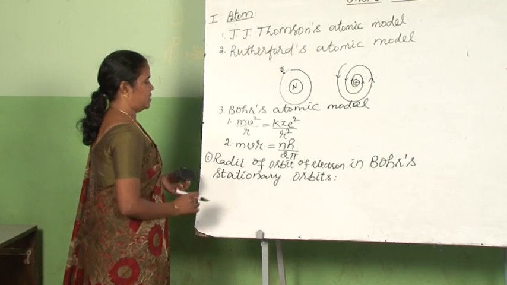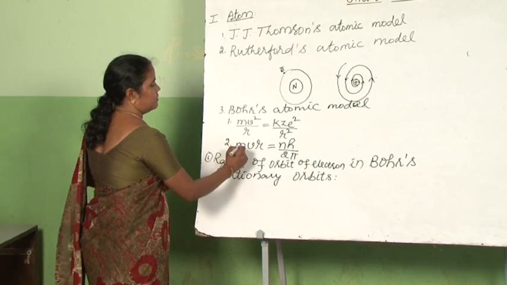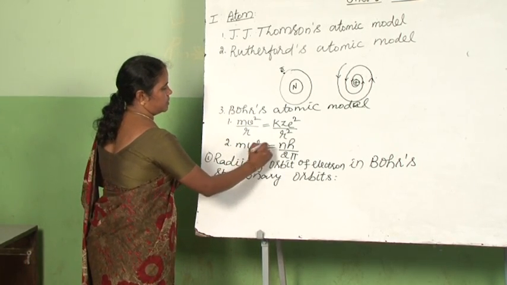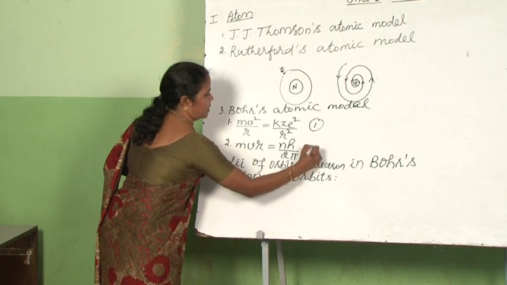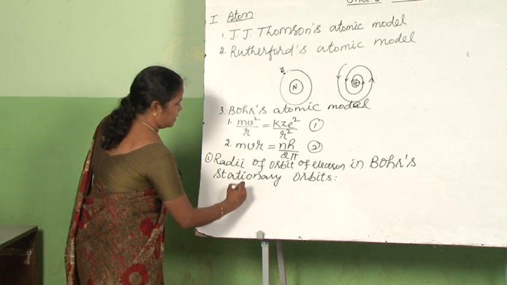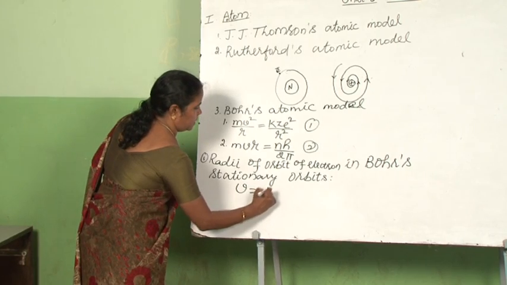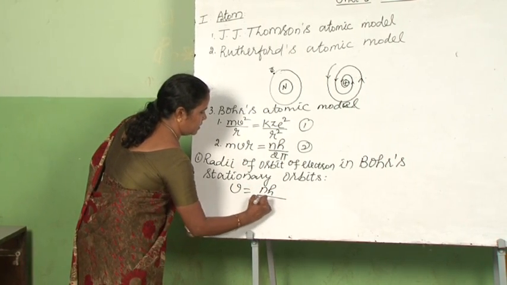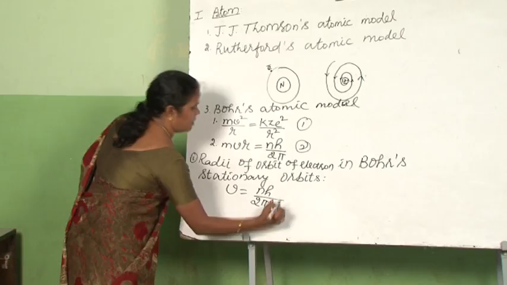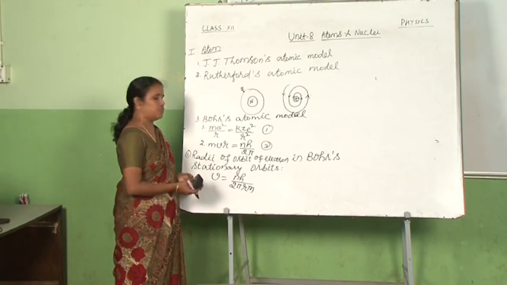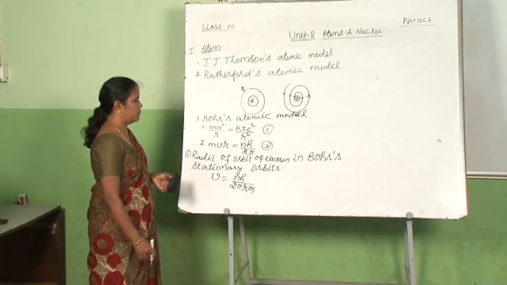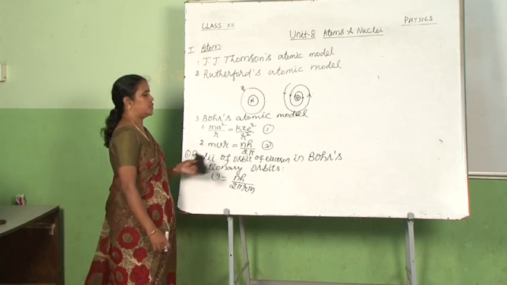To derive this expression, we will take from the second equation, v is equal to nh by 2 pi r m.